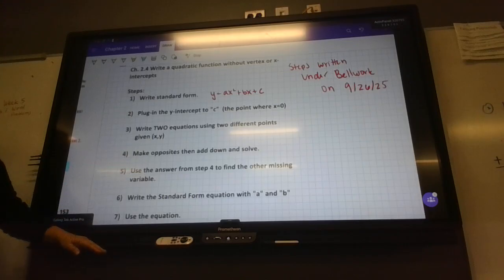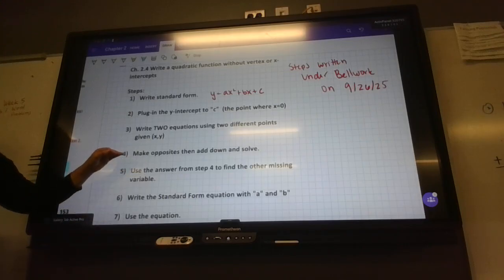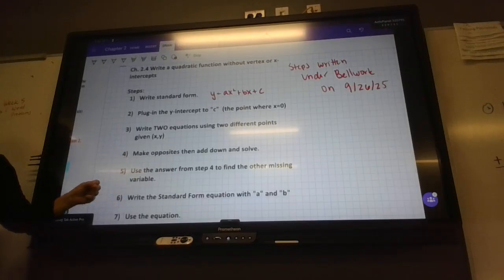From step 4 on, I think you're going to do well. That's where you make the opposites, you add down and solve. Use the answer to find the other missing one. And then we haven't done step 6 yet, where you actually write the equation with A and B. And then if you're asked to use the equation, use the equation.